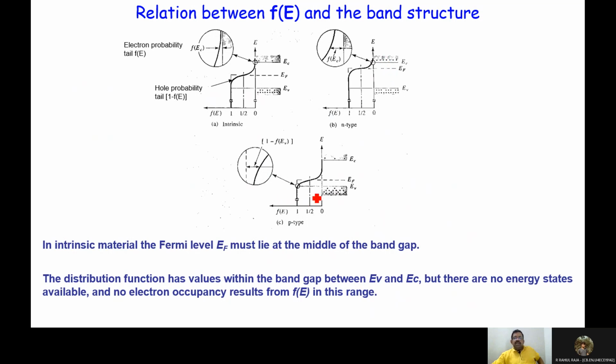Similarly, in a P-type material, EF must be closer to the valence band, because we have more acceptor states, which means there will be more empty states, as it readily accepts electrons. In an intrinsic one, it is at the midpoint. So try to understand qualitatively; this is good enough. The quantitative expressions are there, and I am not going to get into them.